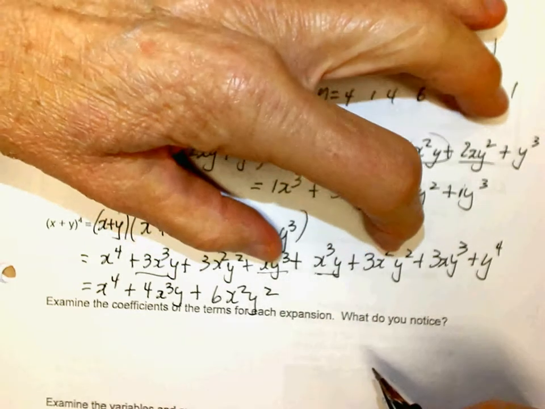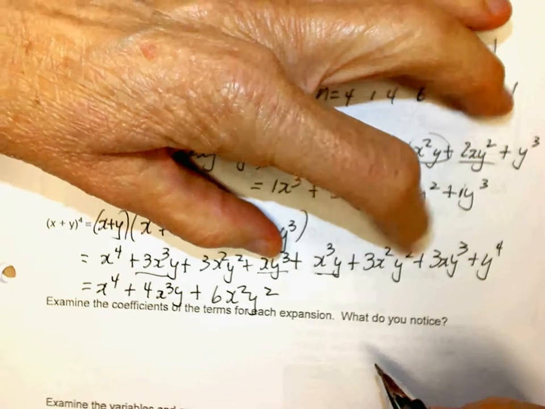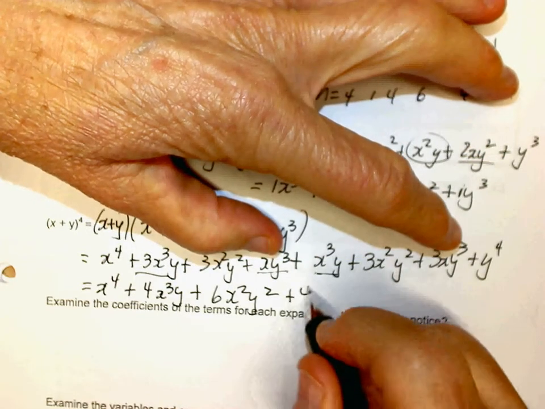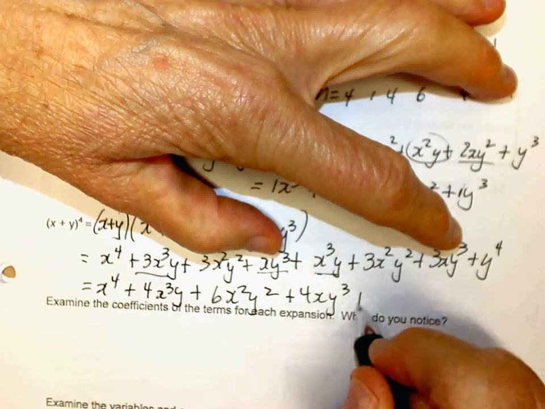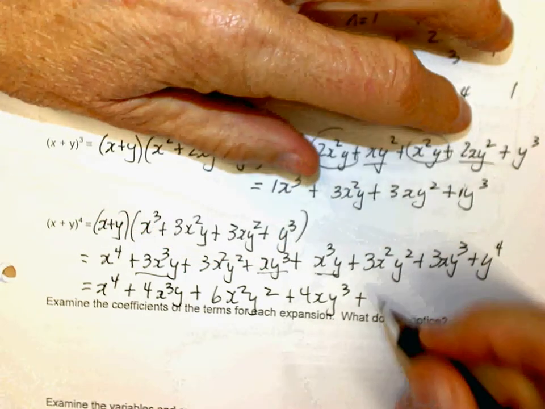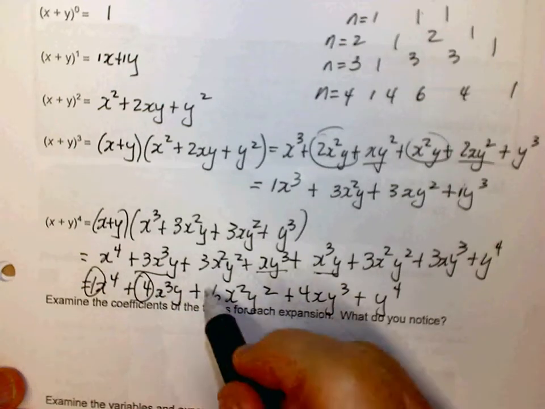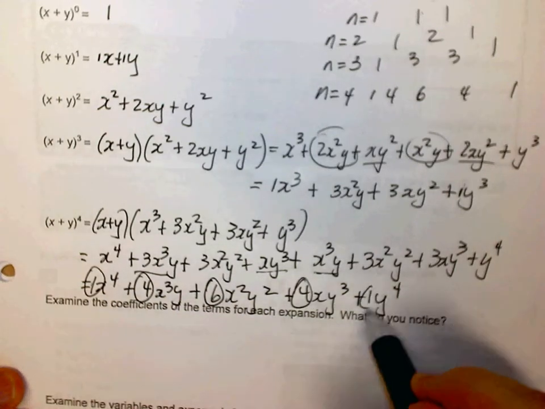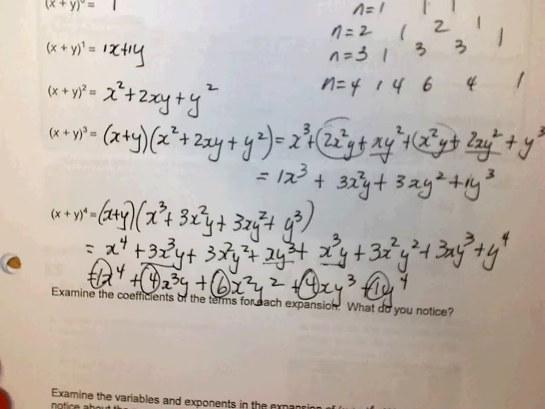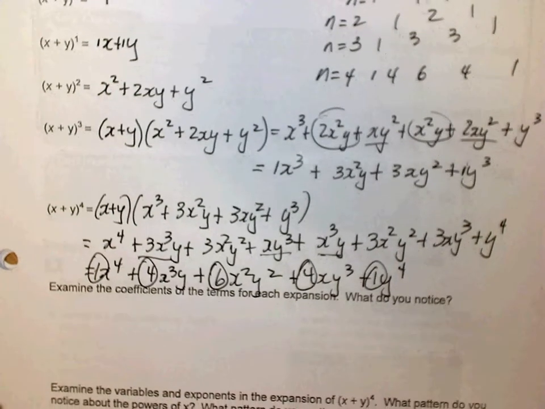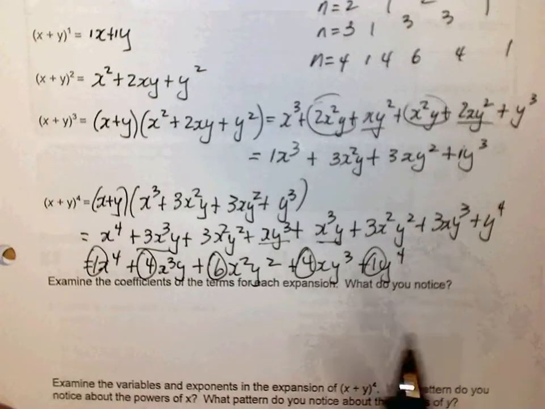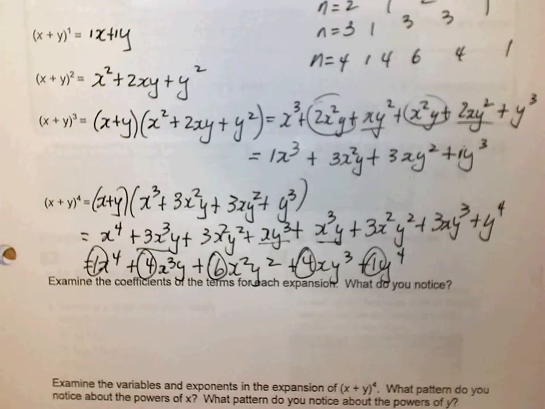Now our xy cubed, there's 4 of those. And then there's 1 y to the 4. Oh, do you notice our 1, 4, 6, 4, 1? Interesting, huh?